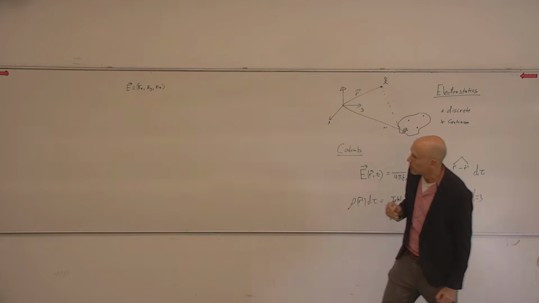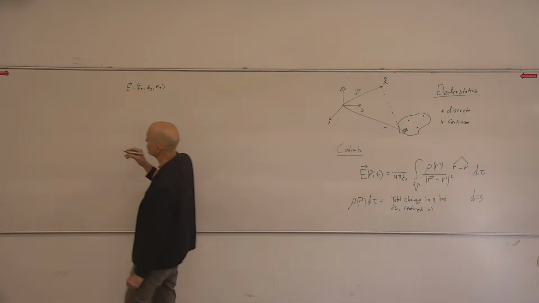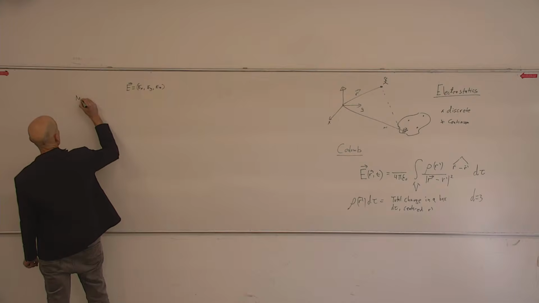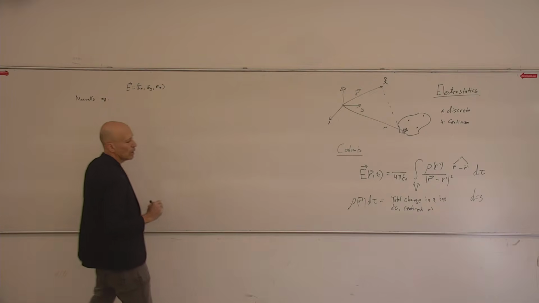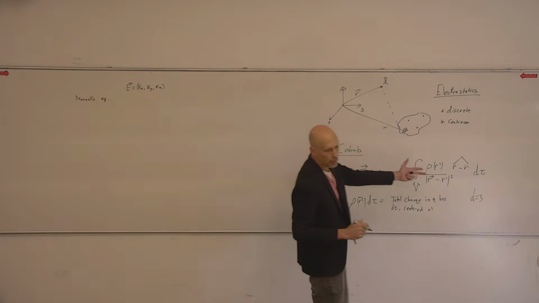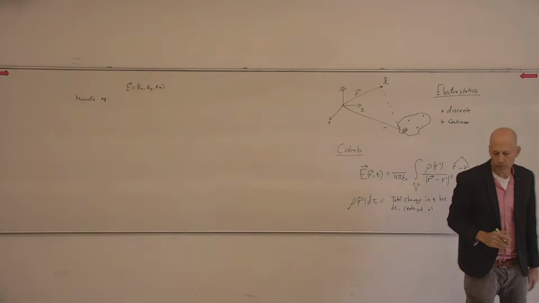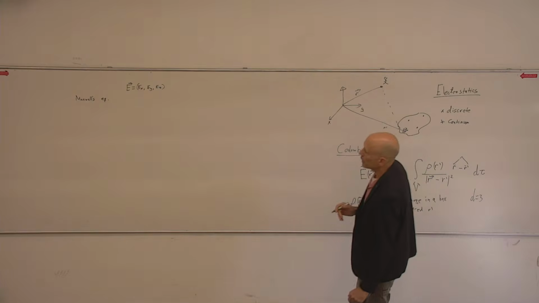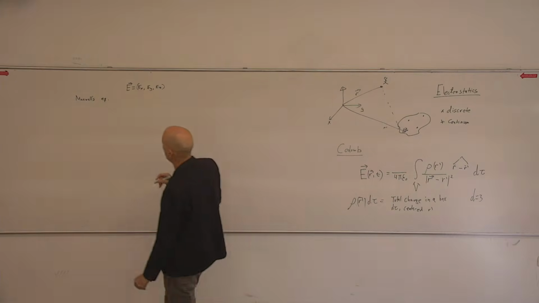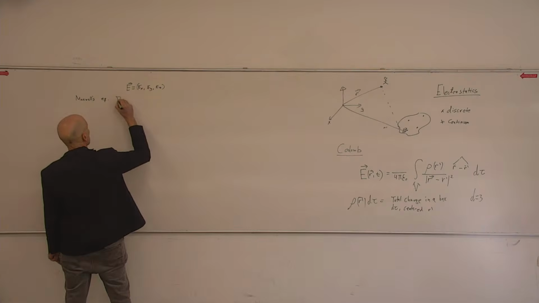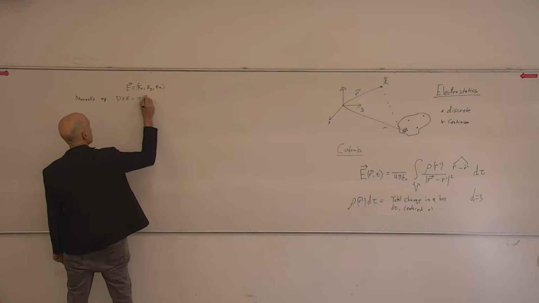And the reason actually comes from Maxwell's equations. We'll talk later about Maxwell's equations. But if we assume Maxwell's equations, it comes from there. You can also prove it from Coulomb's law directly. But Maxwell's equation, the Faraday equation, says that curl E equals minus dB/dt.